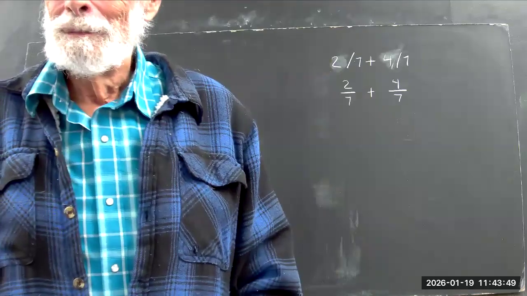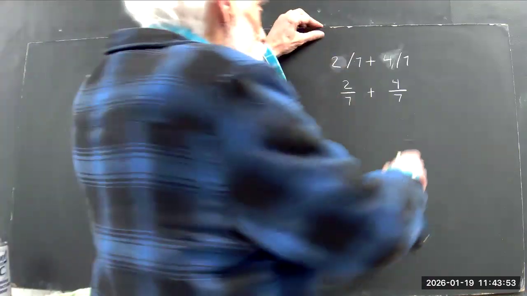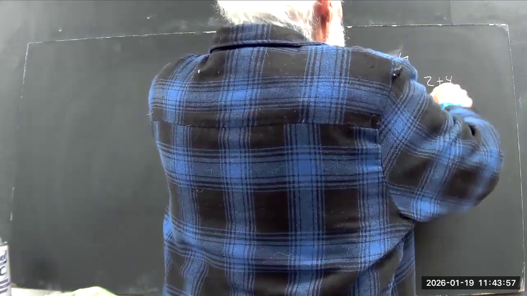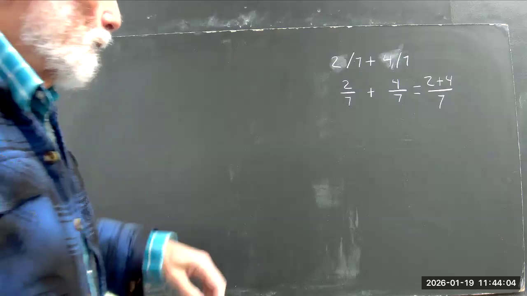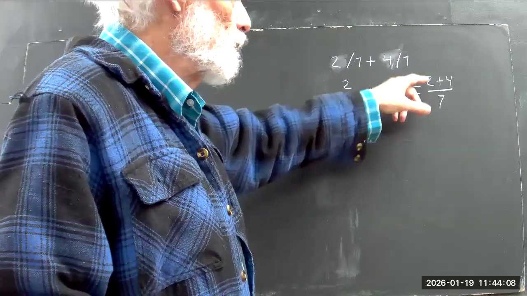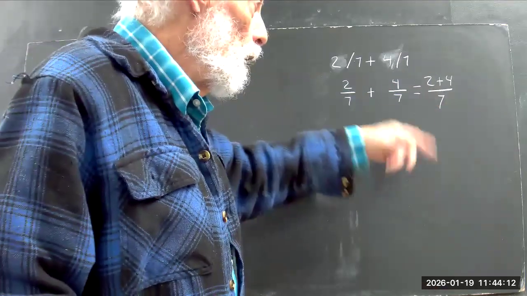You can imagine doing that. The 2 means I take 2 of them, and now I'm going to add 4 of them. So now what do I have? I've got 6 of them, which is 2 plus 4 over 7. The equation would be read 2 slash 7 plus 4 slash 7 equals 2 plus 4 slash 7, with the 2 plus 4 all on top.